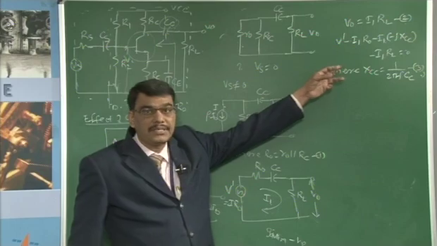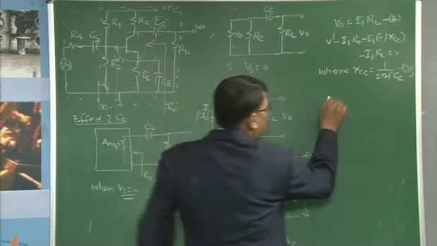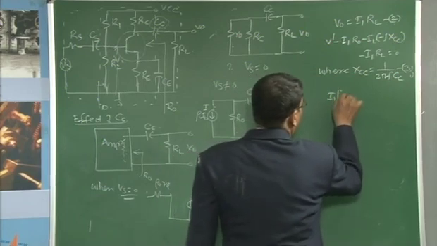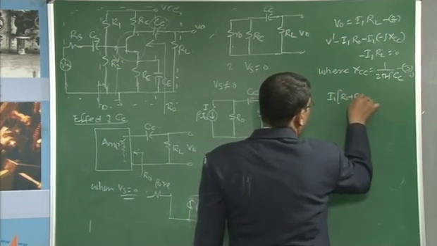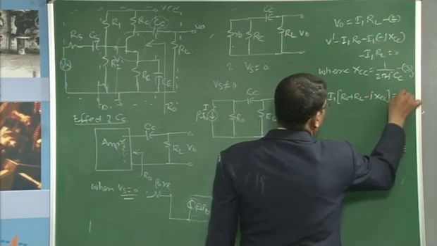Solving this equation for I1, the expression becomes I1 into R naught plus RL minus jX CC equal to V dash.